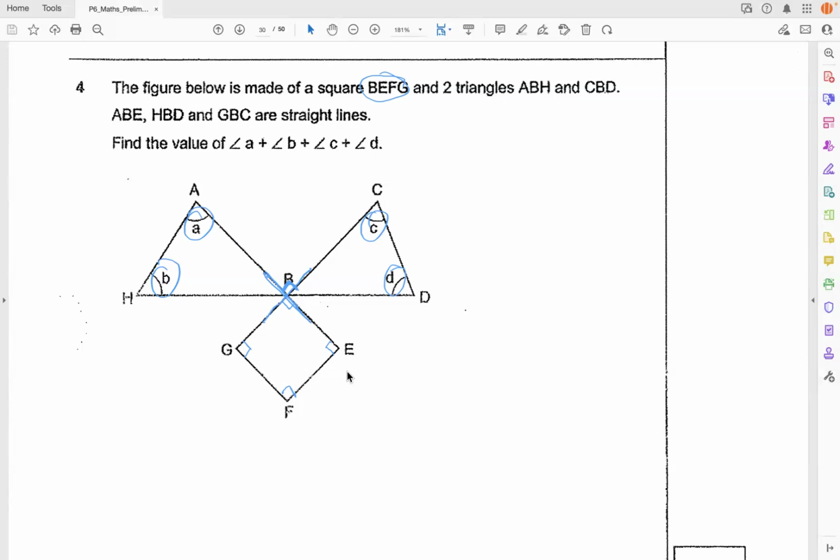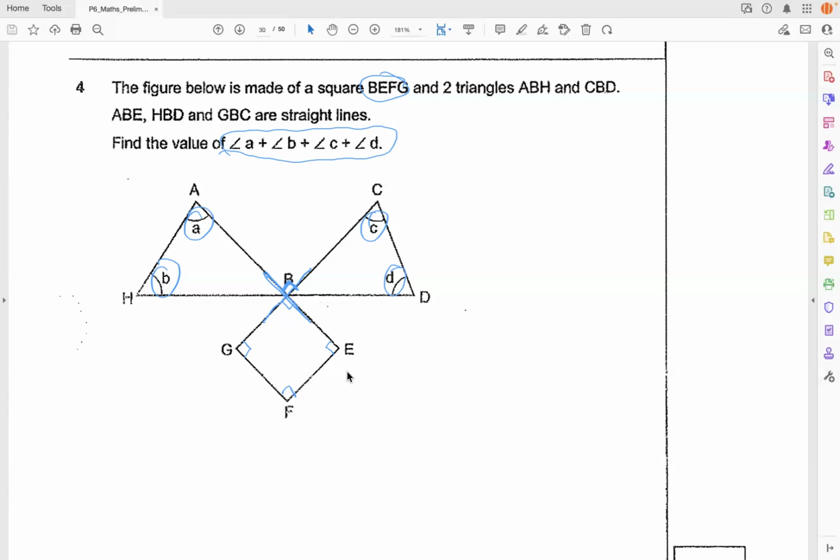Your approach should not be looking for angle A and angle B and then adding their values together. If you use that approach, likely it is a wrong approach. So take note, whenever a question asks for the sum of a few angles, chances are you do not need to find each of them. Bear that in mind.